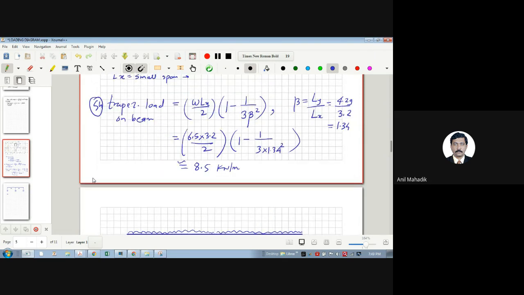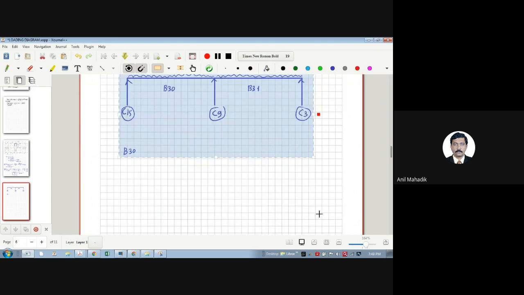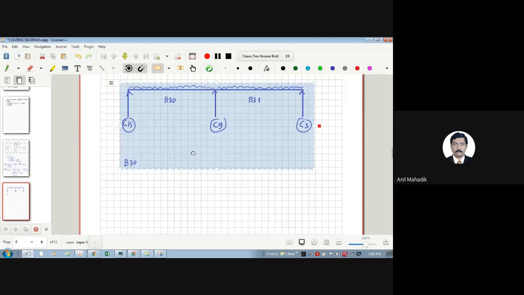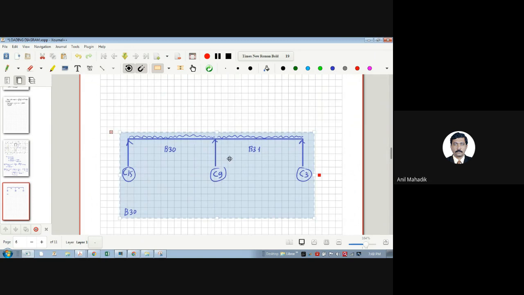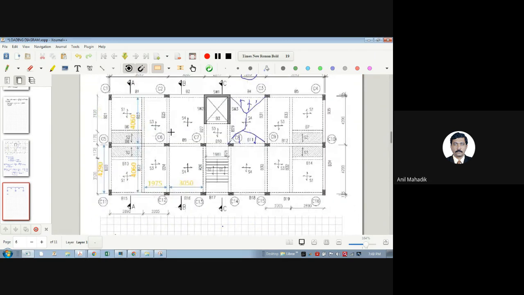And there is one more load which we have missed actually. So we have calculated transfer of this S4 load, triangular and trapezoidal, but S3 is missing.